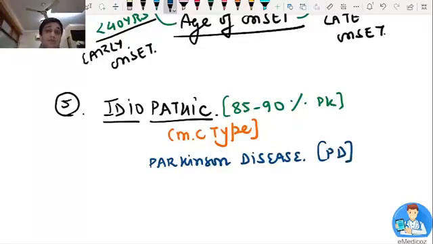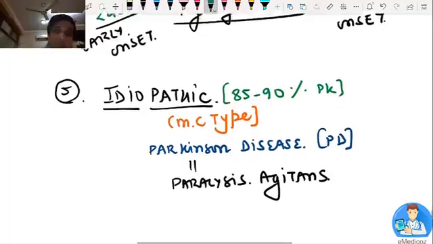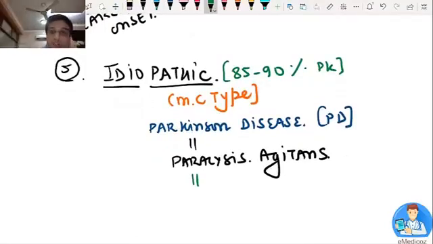It was known by an old Greek name also, paralysis agitans, which got replaced by a new name, Parkinson disease. Actually, all this came with an old name from our Ayurvedic literature.